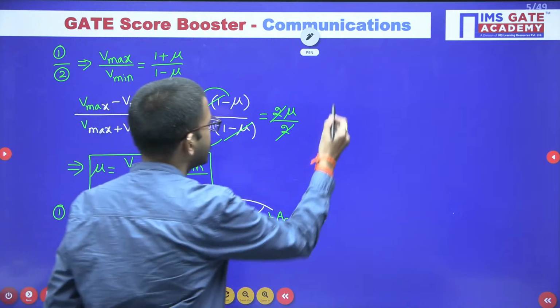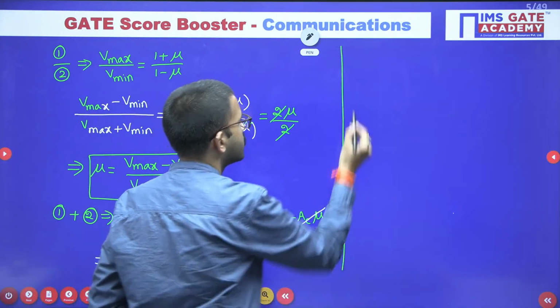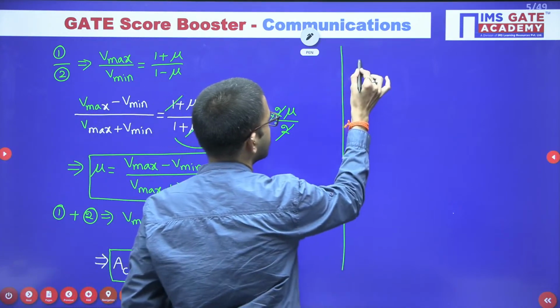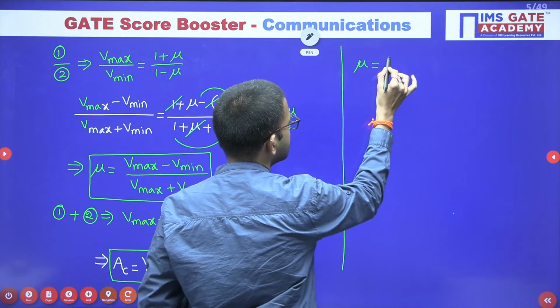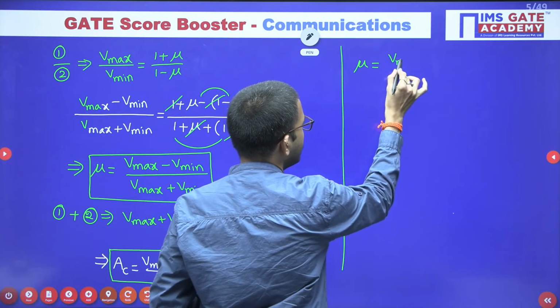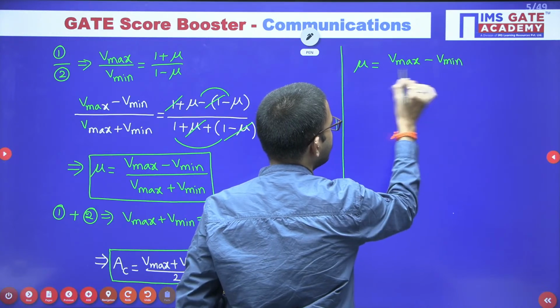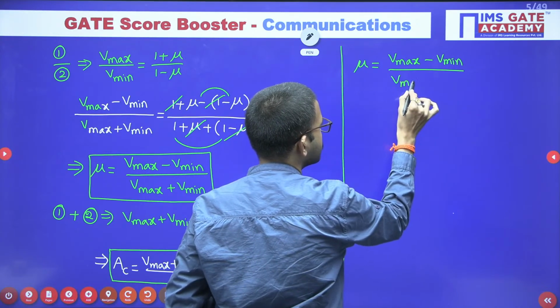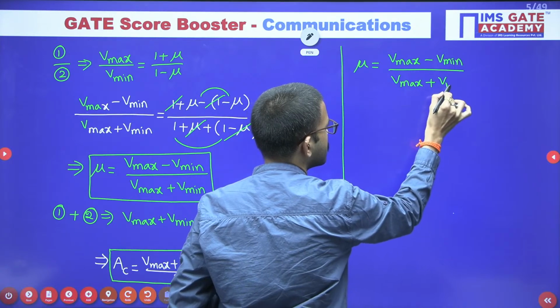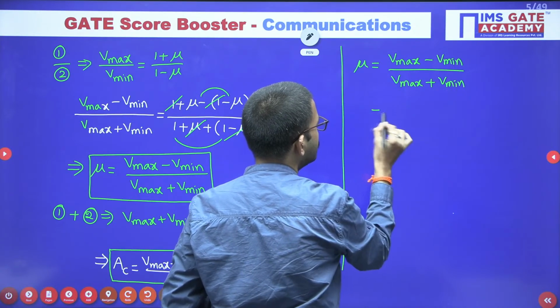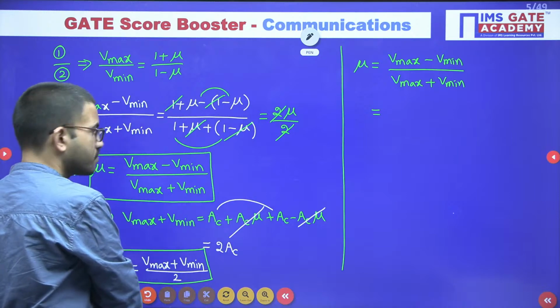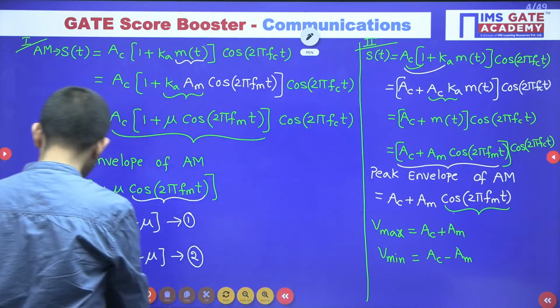Now, in this formula, modulation index equals Vmax minus Vmin divided by Vmax plus Vmin. In this formula, just substitute Vmax and Vmin. Vmax is AC plus Am.